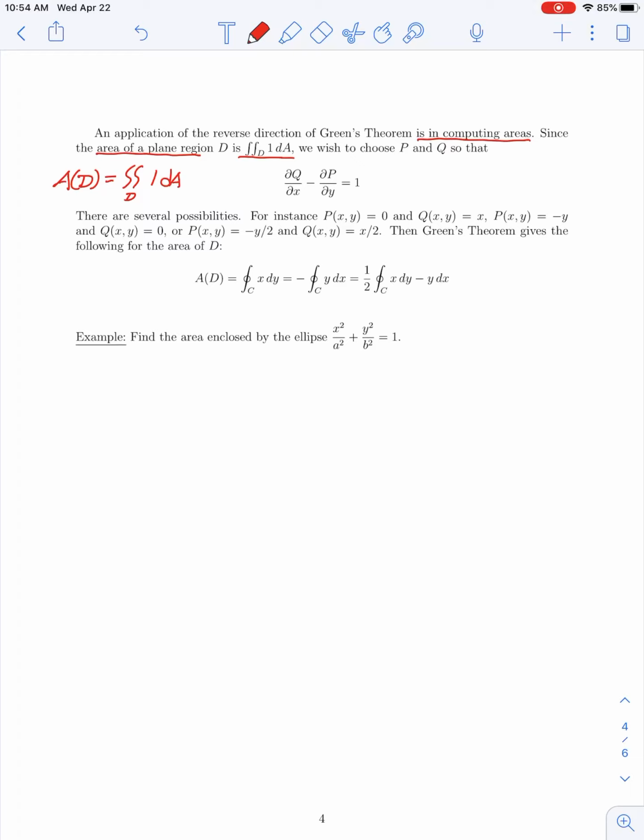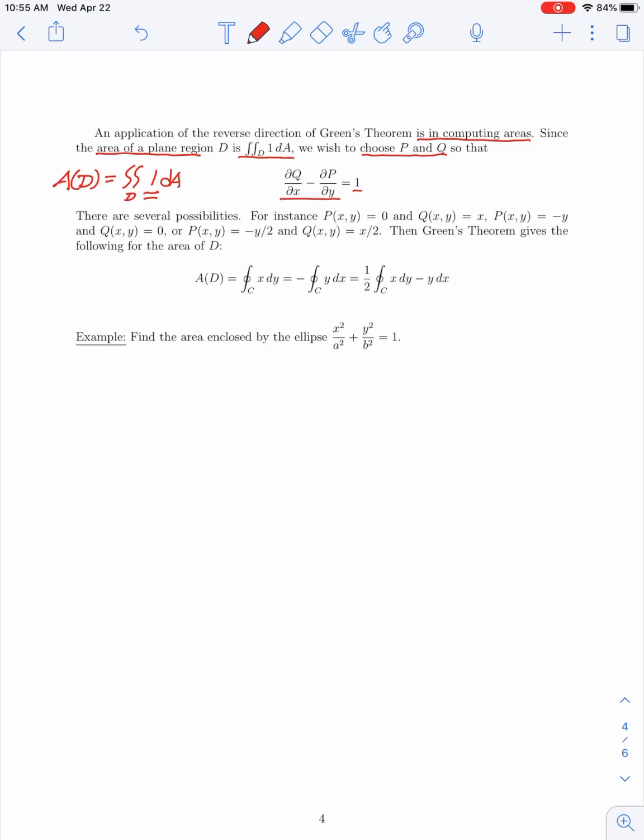So if I want to make use of Green's theorem to convert this double integral to a line integral over some curve, then I'm needing to find functions p and q such that the difference in the partial derivative of q with respect to x and the partial derivative of p with respect to y is equal to my integrand, 1 in this case.